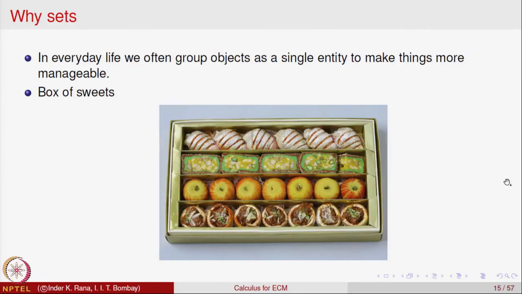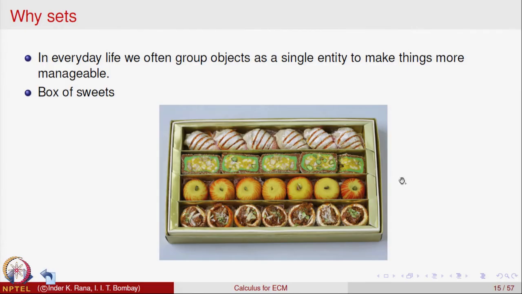For example, we have a box of sweets. There is a box in which there are sweets of different types. To manage these different types of sweets, maybe to gift to somebody, we pack them in a nice box. So, different things, but the common attribute is they are all sweets and edible.